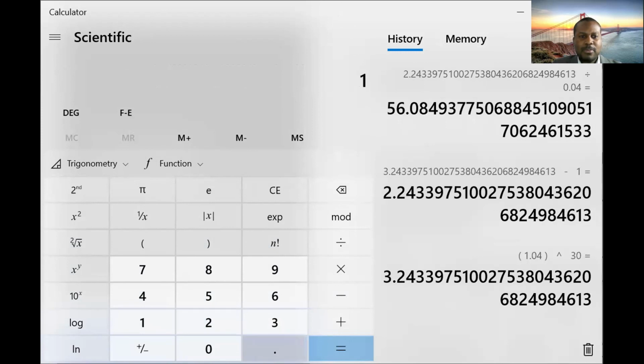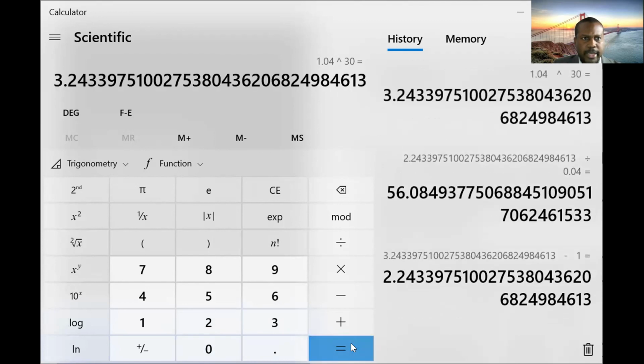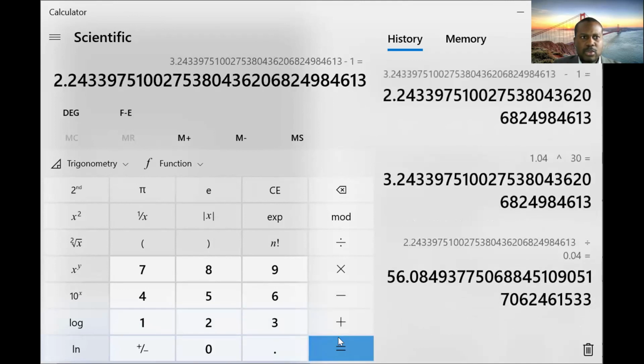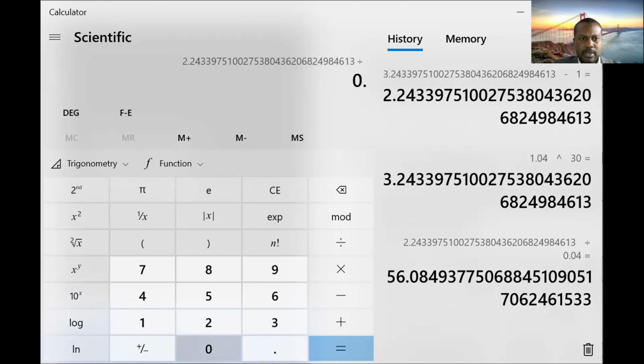So let's go again, 1.04, and we need to raise that to 30. Then we minus 1, which is 2.24, and we divide that by 0.04.